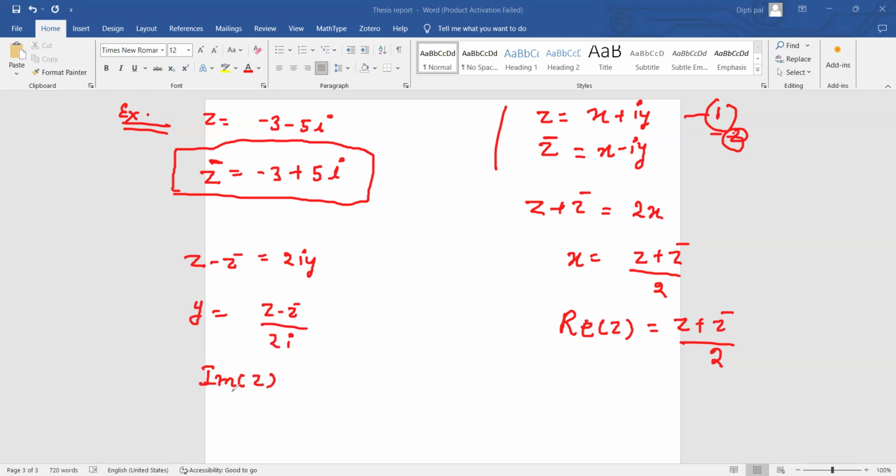So we can write the imaginary part of z equals z minus z bar by 2i. So this is the imaginary part. Is it clear? If the complex number and its conjugate are given, then we can easily find its real part and imaginary part.